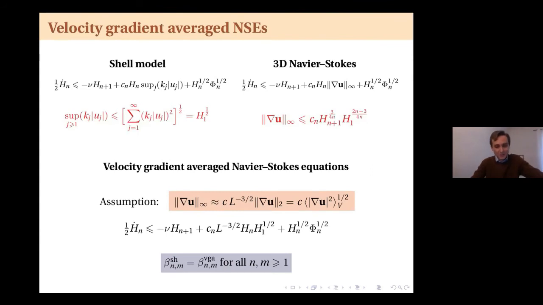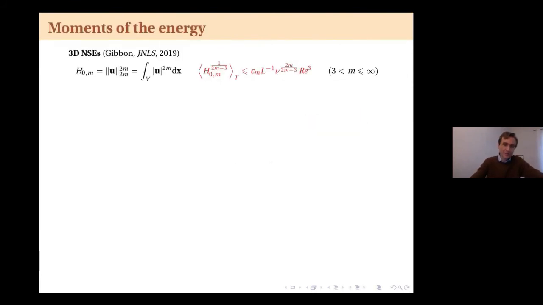So this holds for the estimates of the velocity derivatives. Unfortunately, the same doesn't carry over to the case where we look at the velocity moments without any derivation. For these, we again have estimates for the Navier-Stokes equations, which can be rewritten in this way.